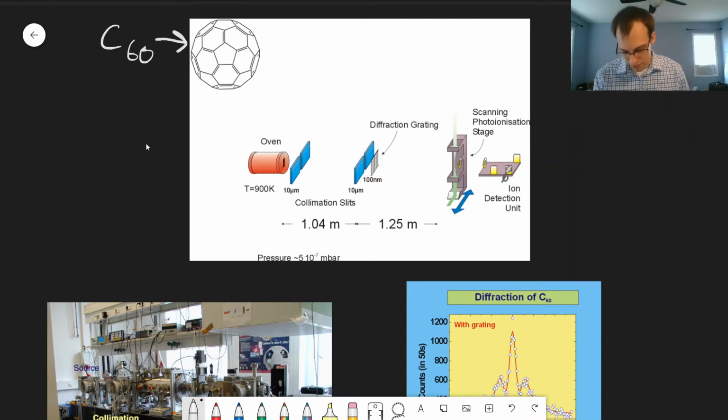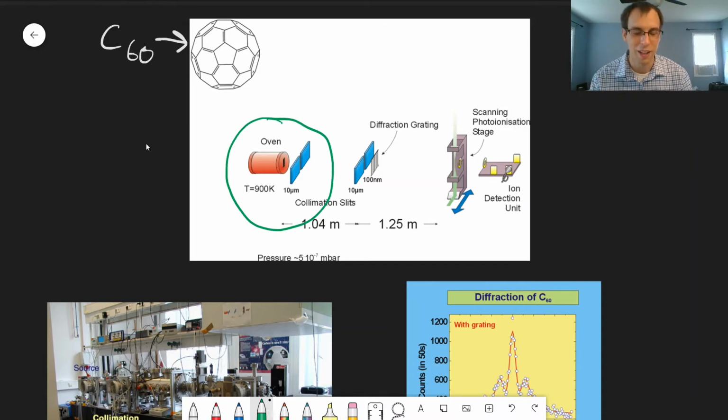And so this was the experiment that they set up. You have an oven. C60 requires very high temperatures to be turned into a gas. You can't observe this in solid C60, of course. It needs to be in the gas phase. But you produce a bunch of gas phase C60, and you send it through these collimation slits. This just turns it into a beam of molecules, so that you have a single source you're looking at. And then they created a diffraction grating with the spacing between the slits being on the order of the anticipated wavelength of C60, if you use the de Broglie formula that we just did.